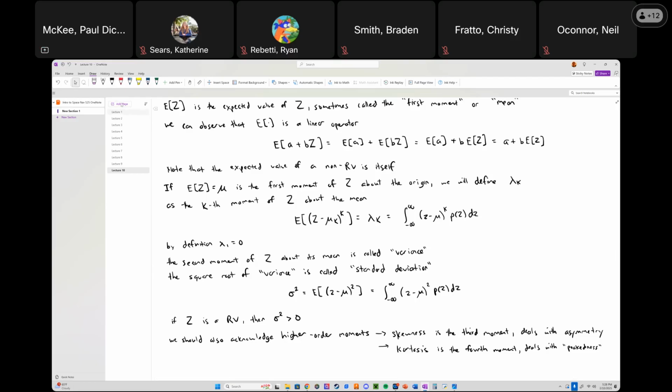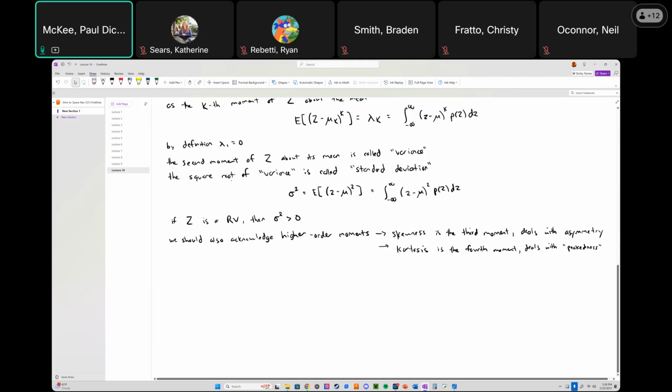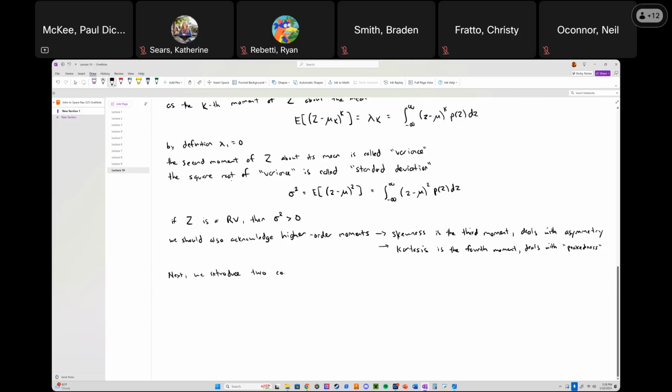All right, cool. So now it's time to talk about some actual realizations of this stuff. So we're going to talk about two common distributions that we will use in spacecraft navigation. Next, we introduce two common distributions used in spacecraft navigation.